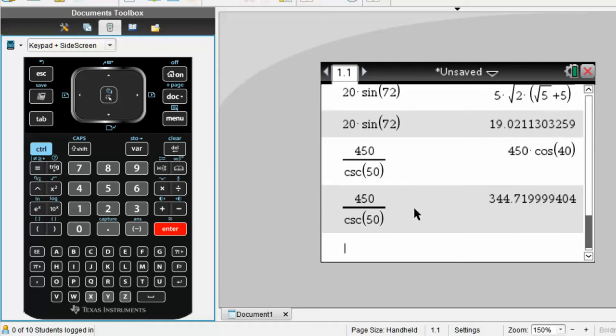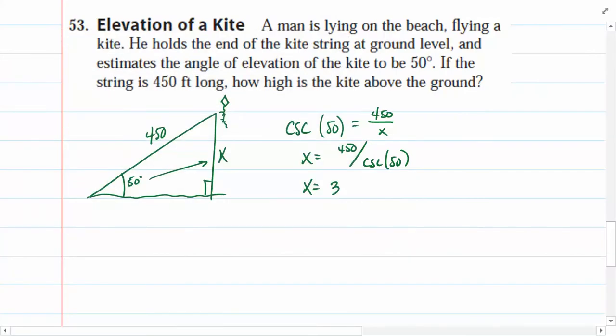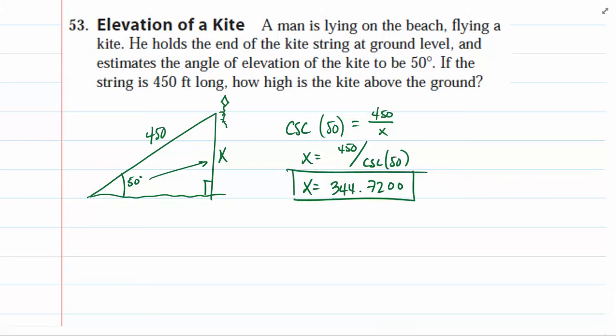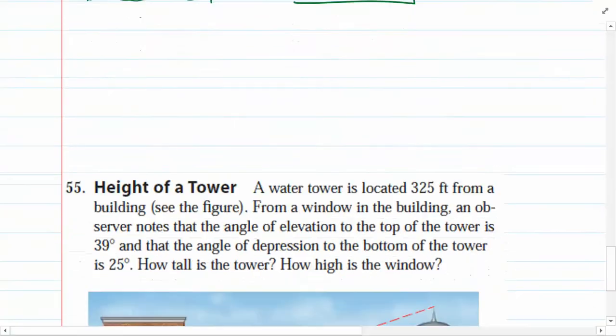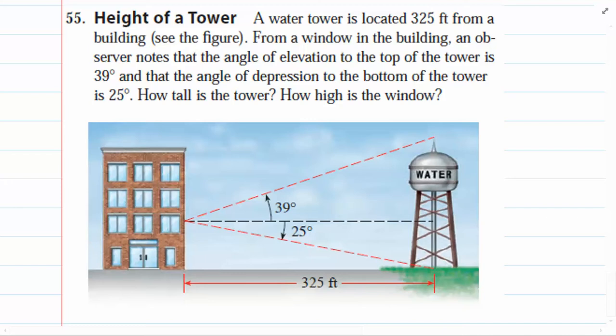So let's call that 344.7199. If I needed to round that to 4 decimal places, that's what that result would look like. And if I used the sine function and switched the inverse of the ratio here, then the result also would have come out to be 344.72.